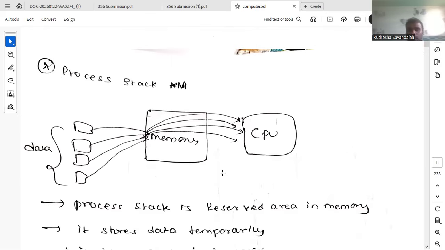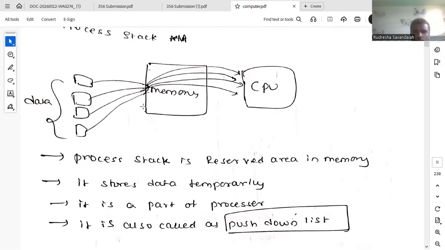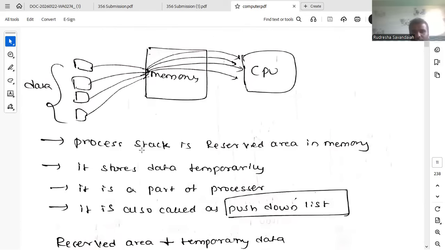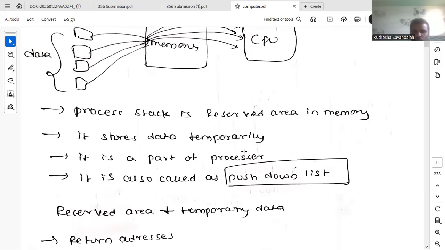See here, CPU, memory, data. CPU is there, memory is there, data is there, and the processor stack. A processor stack is a reserved area in memory. It stores data temporarily. It is a part of the processor.